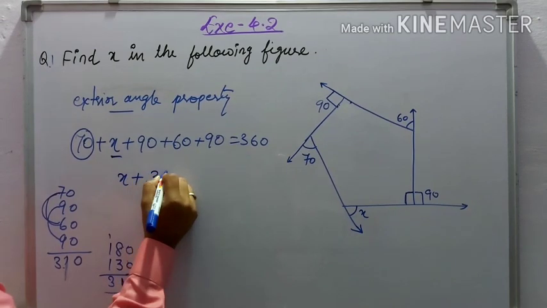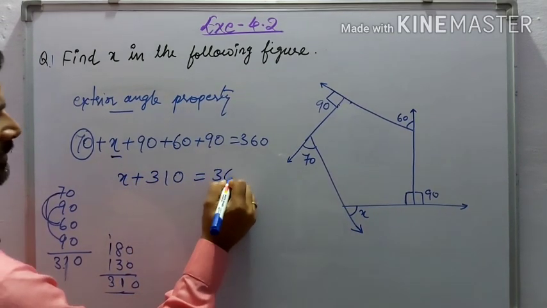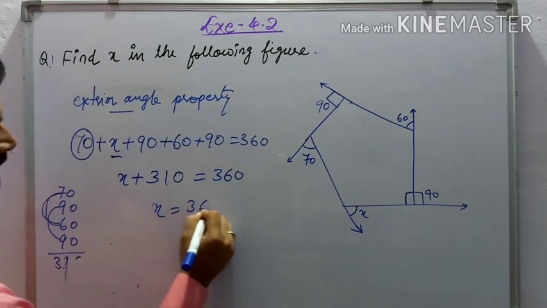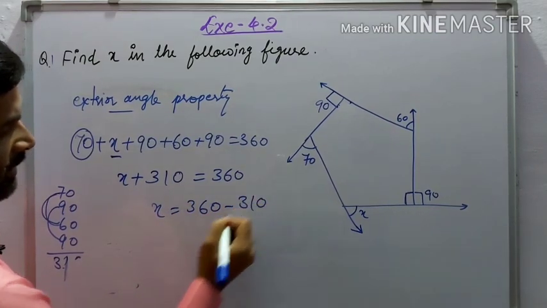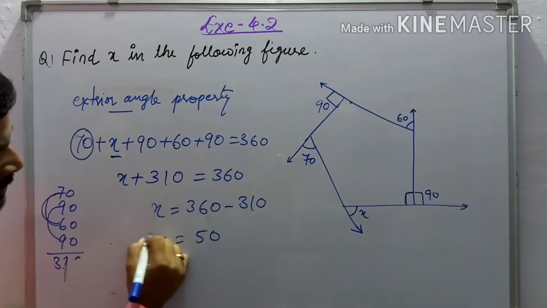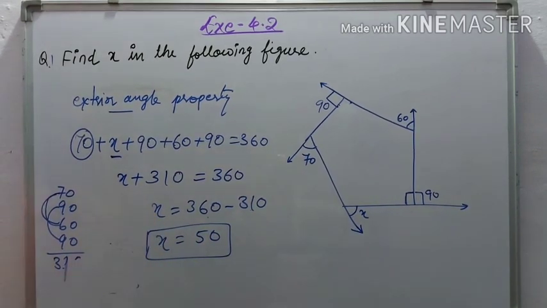So x plus 310 is equal to 360. Now x is equal to 360 minus 310, and x is equal to 50. The value of x is 50.